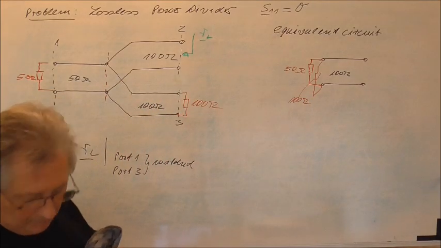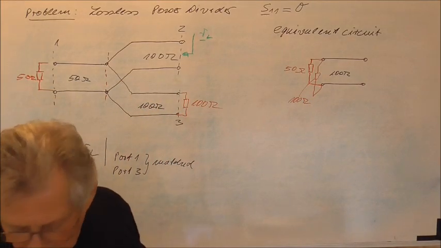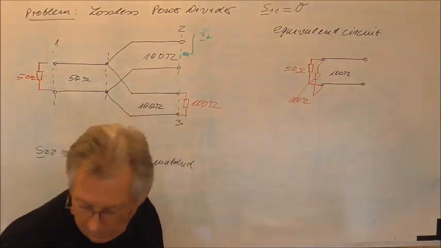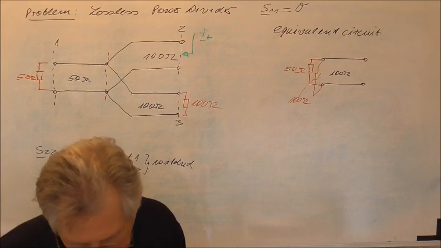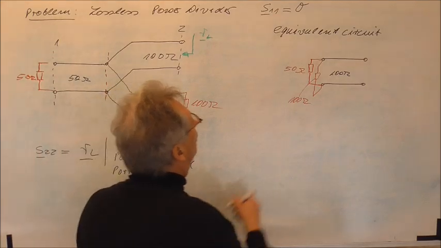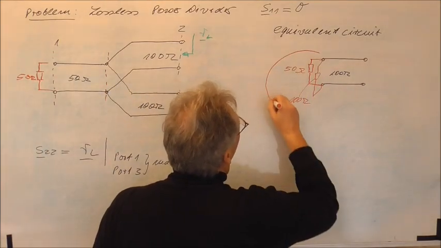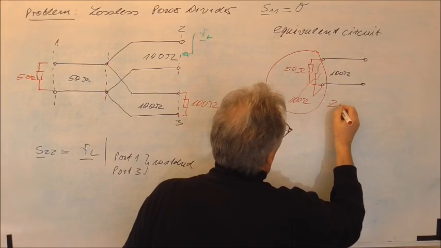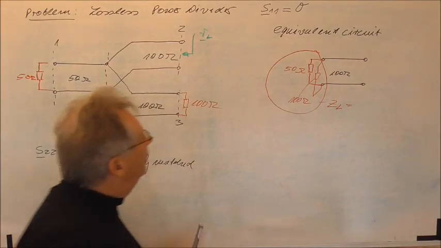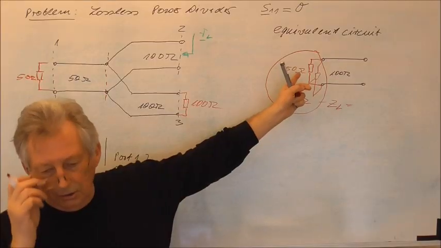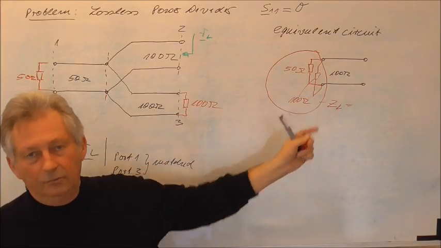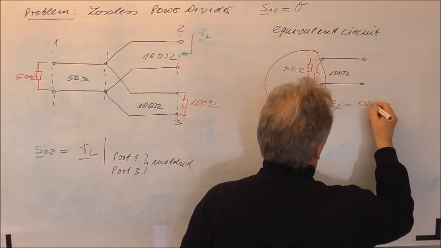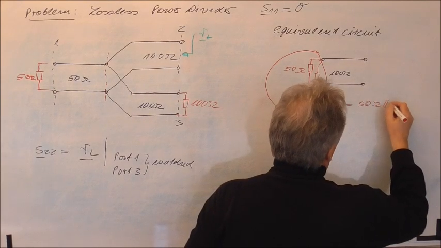So we will have a load resistance now, or I call it load impedance. The overall load impedance now will be equal to the parallel connection of 50 ohm parallel 100 ohm. I just write it like this: 50 ohm parallel 100 ohm.